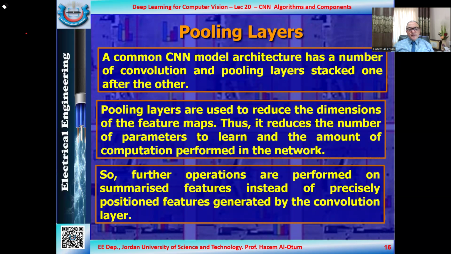Again, we repeat the same idea that we are going to perform our operation on the next stage on a summarized version of the features instead of the precisely positioned features generated by the convolution layer. So instead of taking the exact locations of the features, we replace them by a summarized version to make the learning easier and quicker.